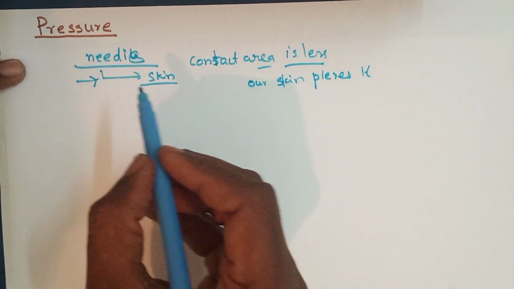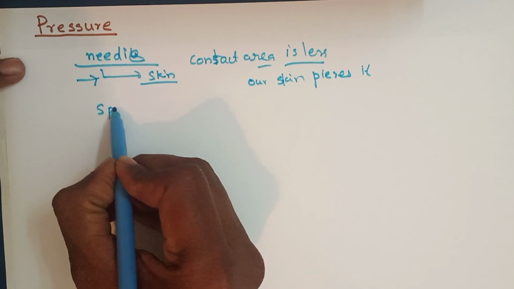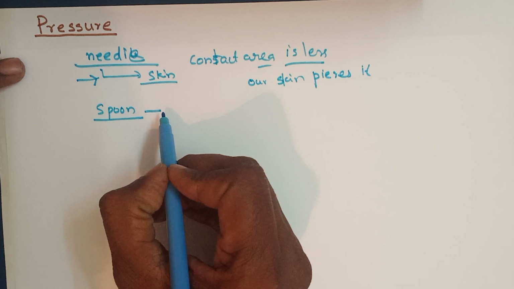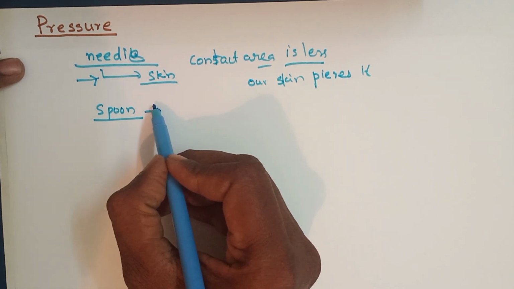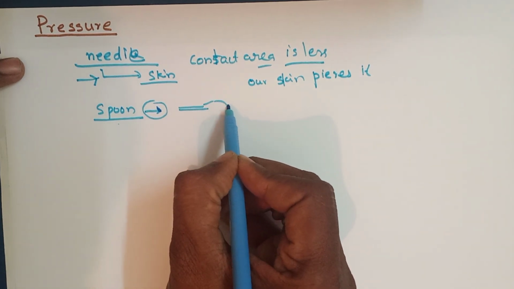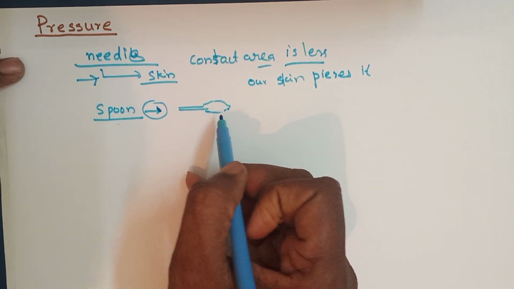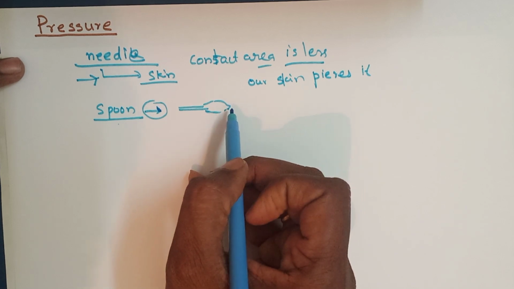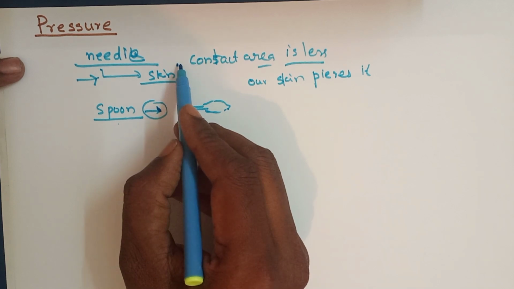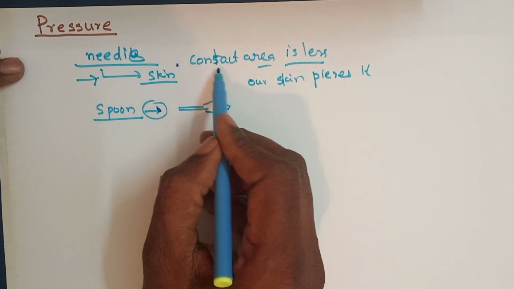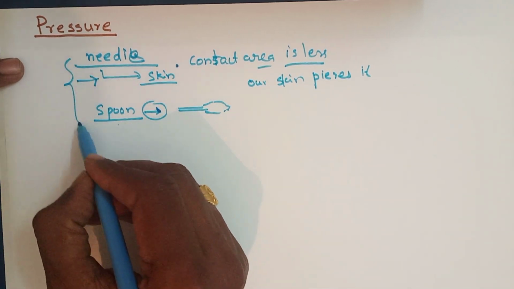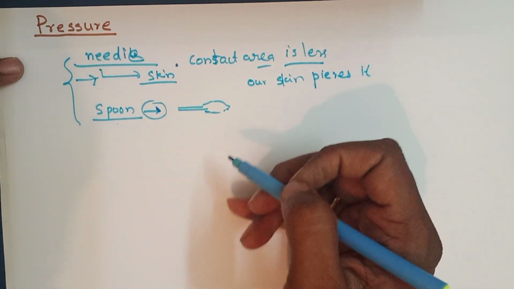And consider a normal spoon. You apply the same amount of force, or you can even increase the force, no issue. When the spoon is pressed against the hand or skin, how do you feel? When a needle is forcefully pressed to the skin, what happens? If you apply the same force, what is the effect?